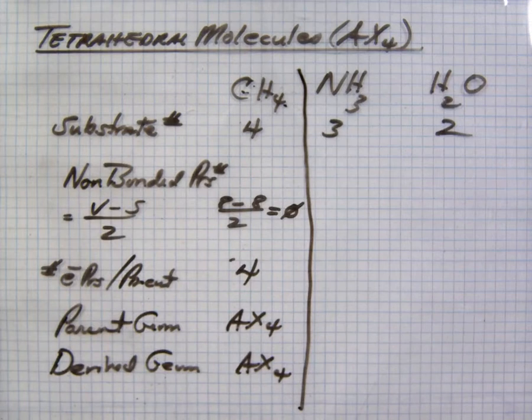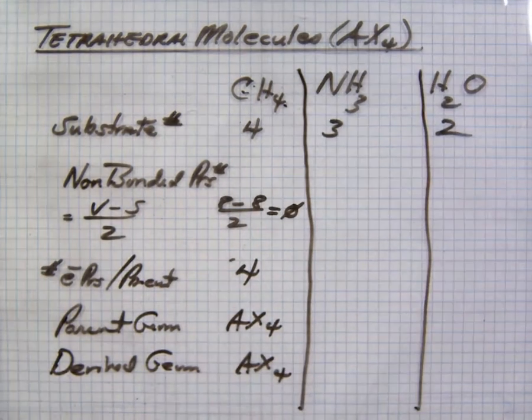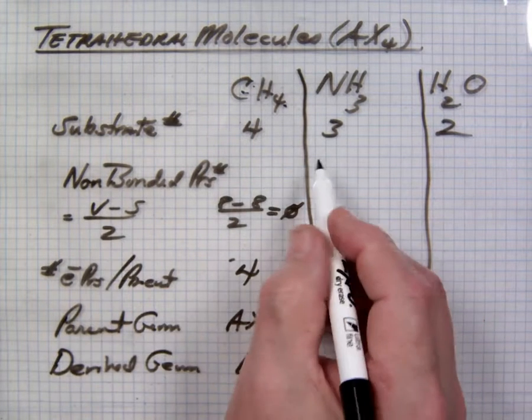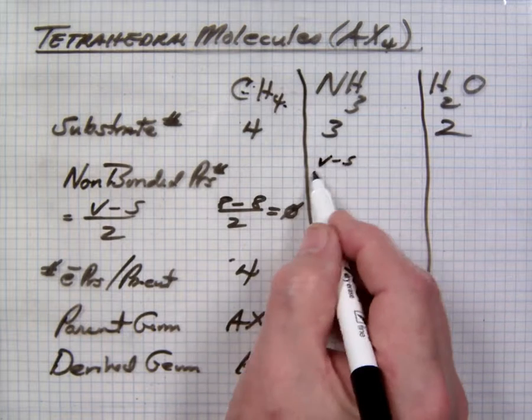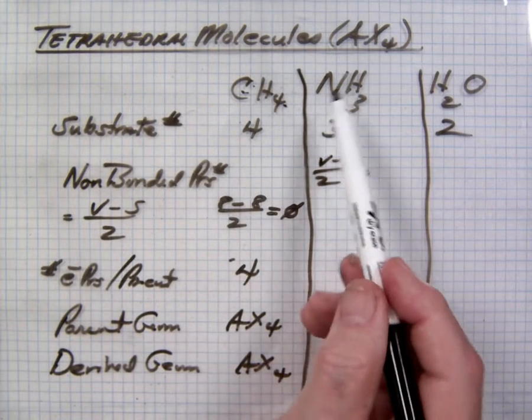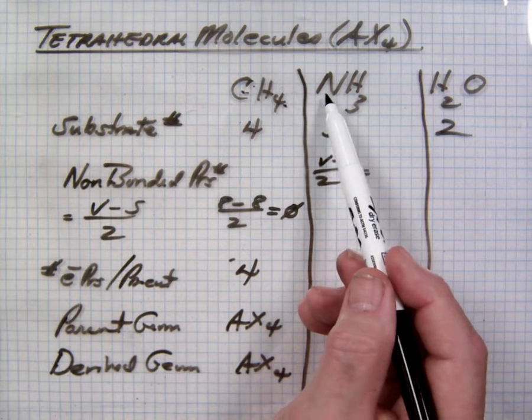Okay, now let's repeat for the ammonia molecule right here. So the non-bonded pairs, of course, are valence minus substrate over 2. Okay, so the valence for nitrogen is in group 5 on the periodic chart.